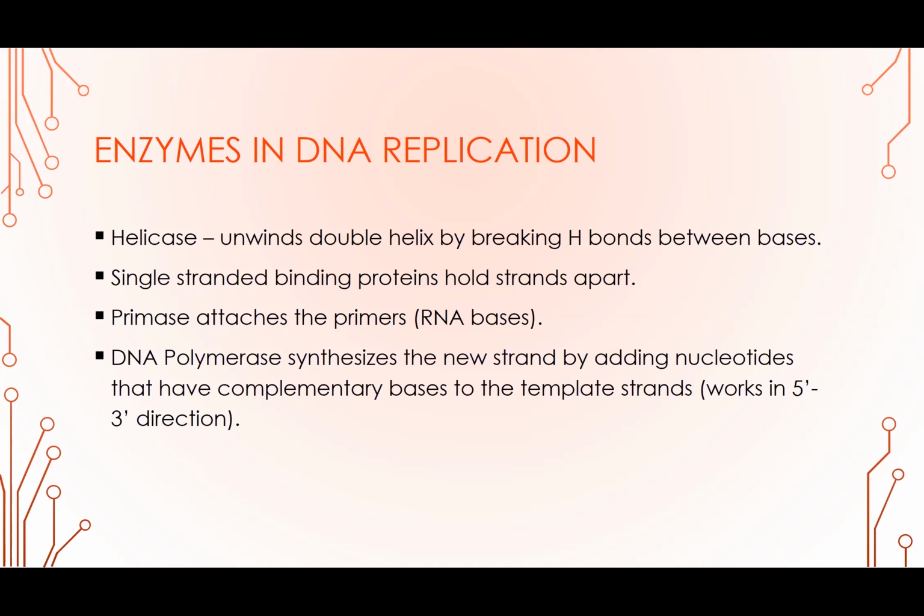So because DNA polymerase works in the 5' to 3' direction, the strand that is in the 5' to 3' direction is synthesized more smoothly because it's in the direction that DNA polymerase works in. So that strand is called the leading strand because the synthesis is more smooth and more continuous on that one.